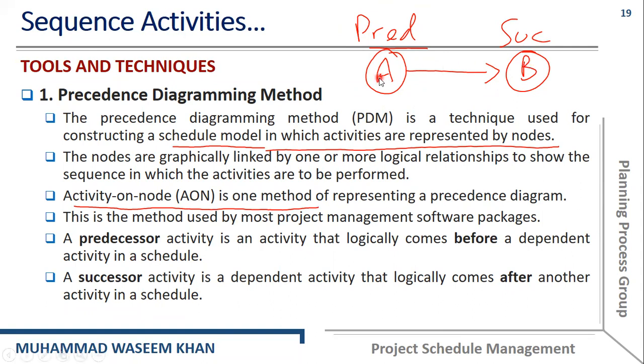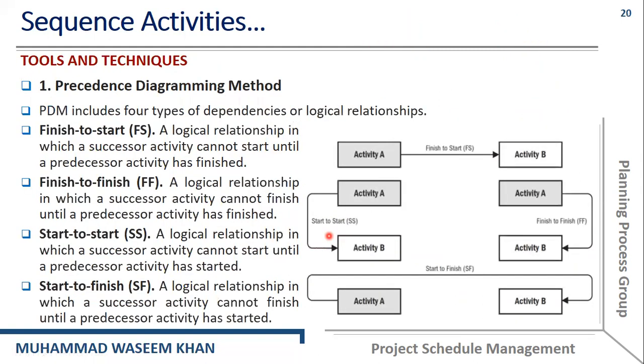Activity B is a successor because it is dependent on a predecessor, it is dependent on activity A. Before starting activity B, we need to complete activity A first. So activity on node is one method of representing a precedence diagram, and this method is used by most project management software packages.